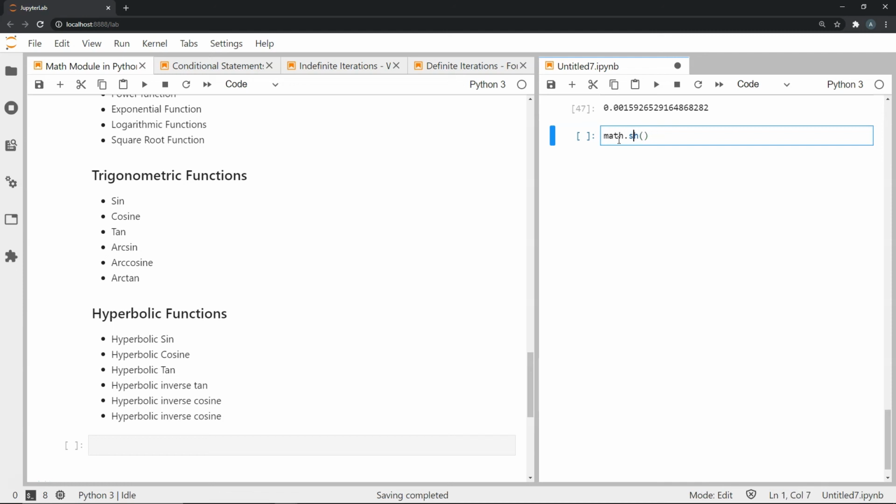Similarly, if we wanted to find the cosine, it would be cosh, and for tan, it would be tanh. And if we wanted to find the hyperbolic inverse, we would use a prefix a. So we would use atanh. If we wanted the hyperbolic inverse of sine, we would use asinh. And similarly for cos, it would be acosh.